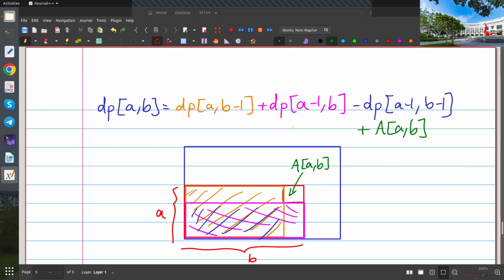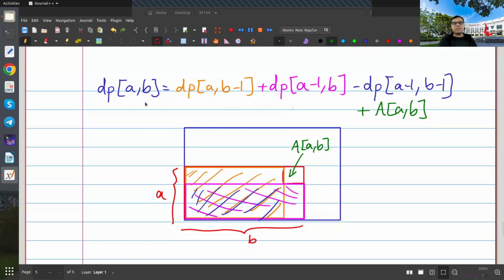Now, you could define these rectangles in any different way. It doesn't really matter, as long as you make sure that you're counting every element exactly once. Right? Great. So now I have this recurrence relation, and I can use this recurrence relation to find all of these partial sums.